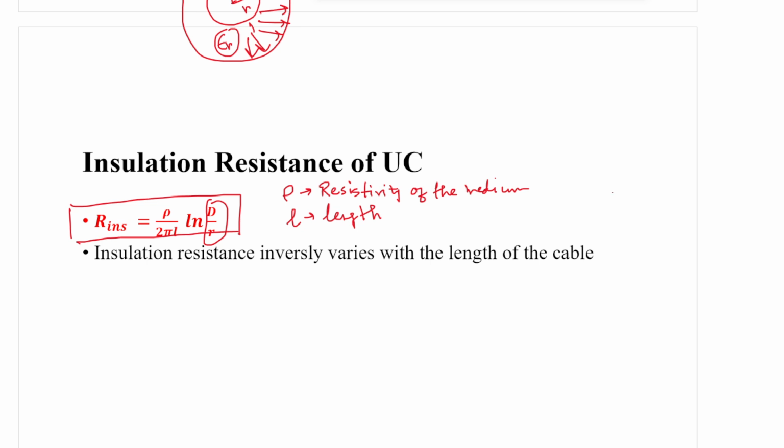Let us say we have a conductor of radius r. We also have an insulating material of radius d.